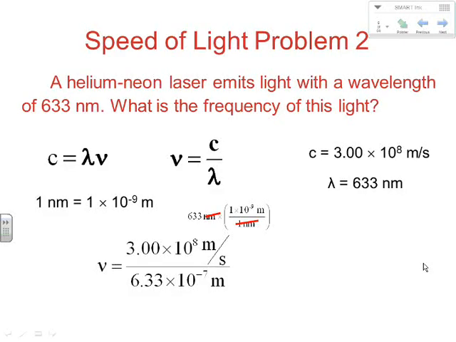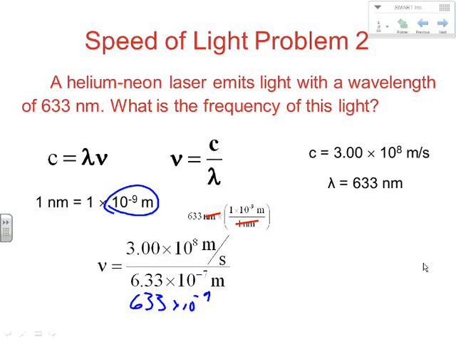Before I move on, I want to make a brief mention of another way to do this. If you want to save time and do this the quick way, remember, nano means 10 to the negative 9th. So on the bottom here, if we just take 633 and put times 10 to the negative 9th, I know that's a non-standard notation, and it's not a proper way to display a number for an answer, but there's no reason we can't use this in the middle of a problem.